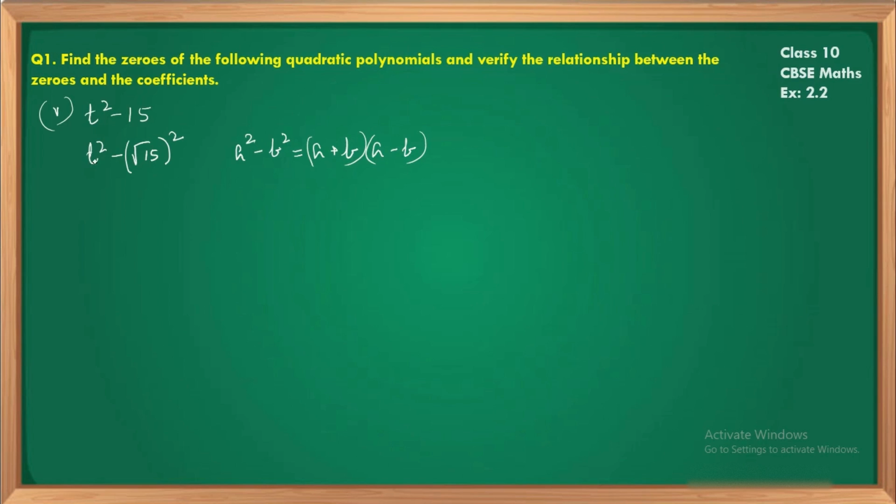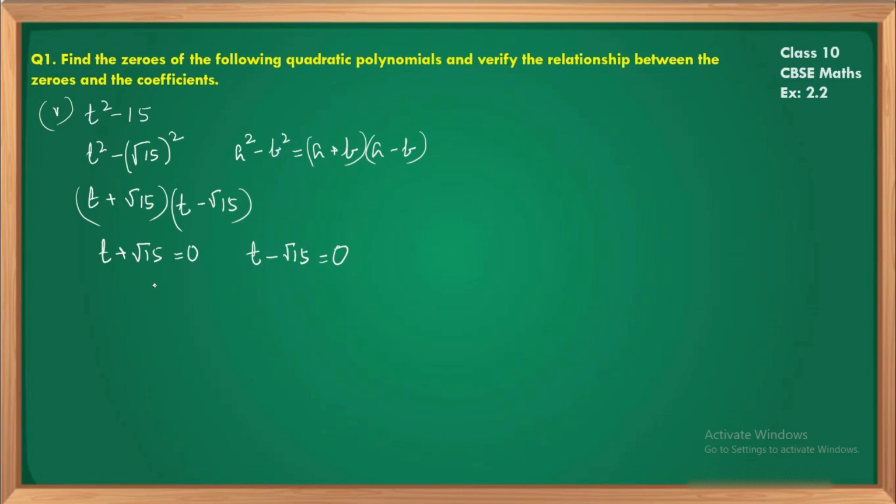T is in the place of a and root 15 is in the place of b. Now when we expand this, you get t plus root 15 into t minus root 15. Now t plus root 15 is equal to 0, or t minus root 15 is equal to 0.